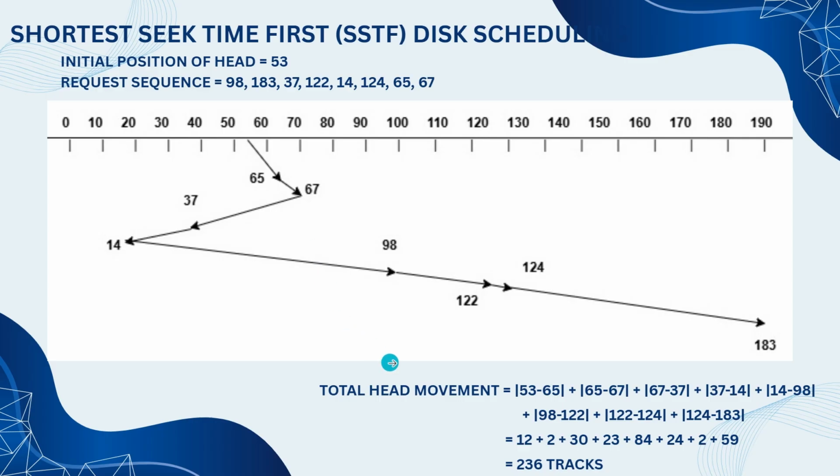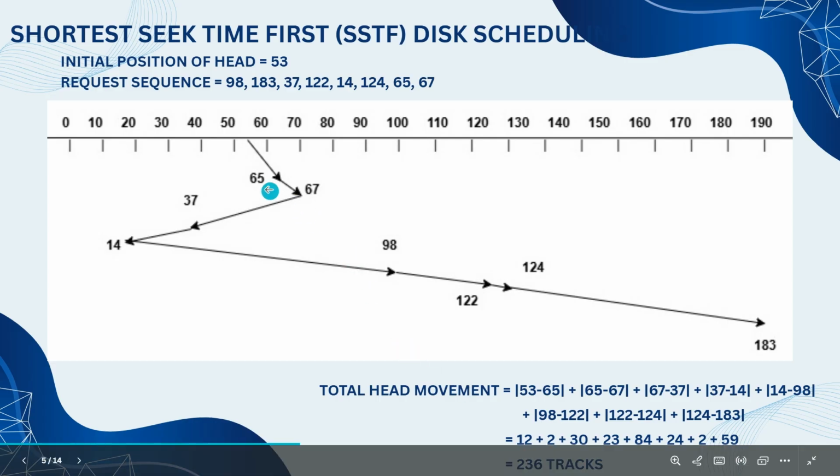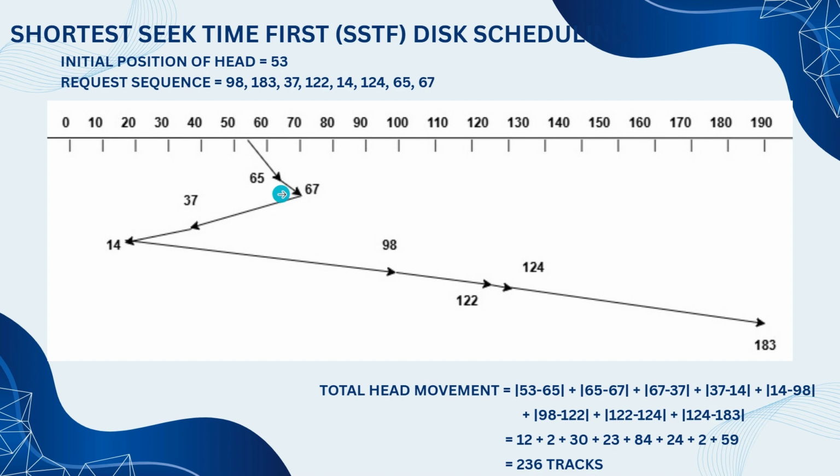The total head movement is calculated from the absolute differences between each request. After that we need to add all of them. So here it is calculated by 53 minus 65 plus 65 minus 67 plus 67 minus 37 plus 37 minus 14 plus 14 minus 98 plus 98 minus 122, then plus 122 minus 124 plus 124 minus 183.